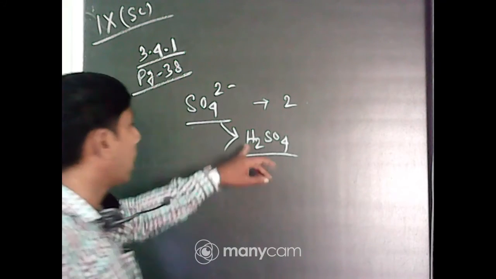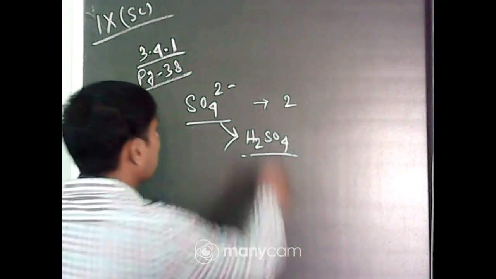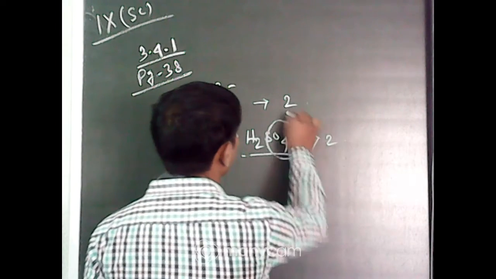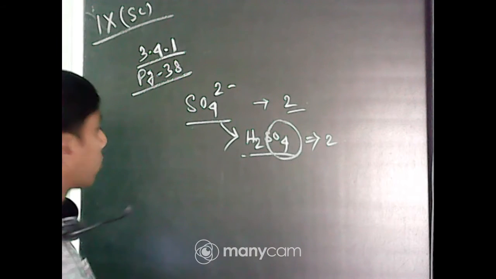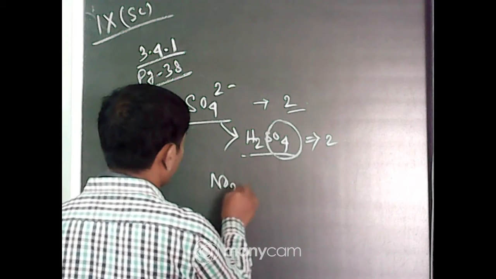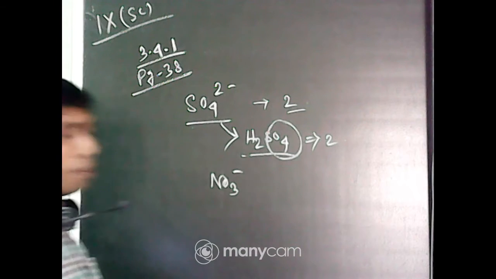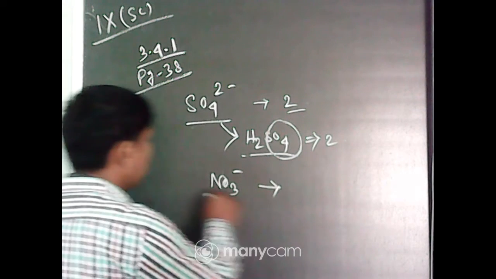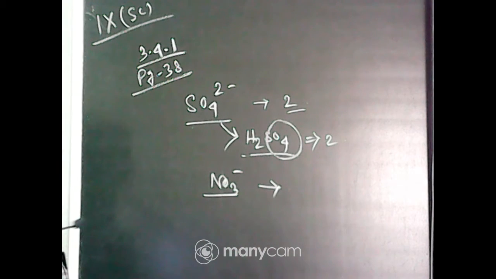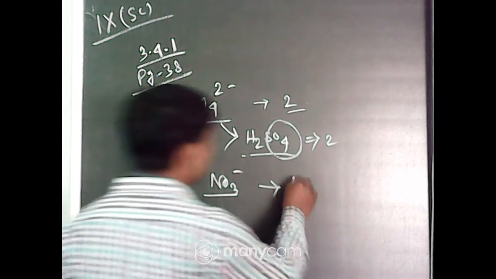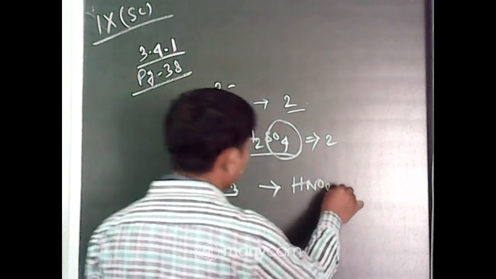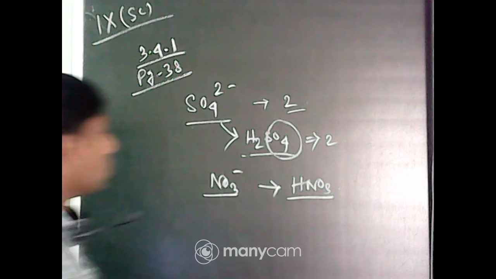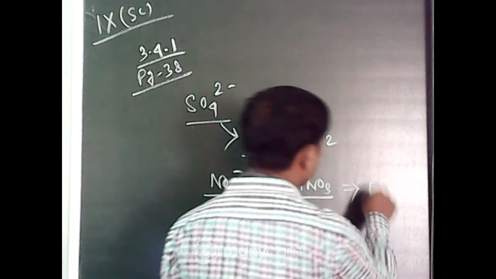How many hydrogen atoms are bonded with that portion? 2 hydrogen atoms. So the valency is 2. Just for example, NO3 minus. You may have confusion, so just think about one compound where this radical anion is present. This is nitrate, and the compound HNO3 has 1 hydrogen atom. So here the valency of the nitrate is 1.